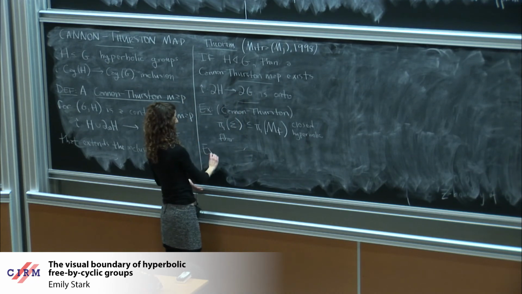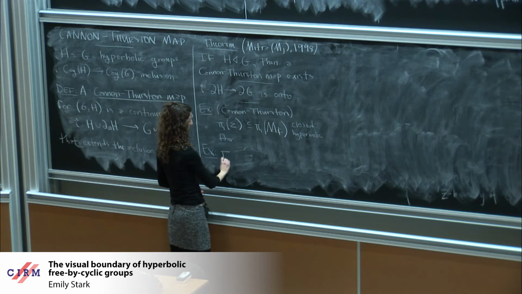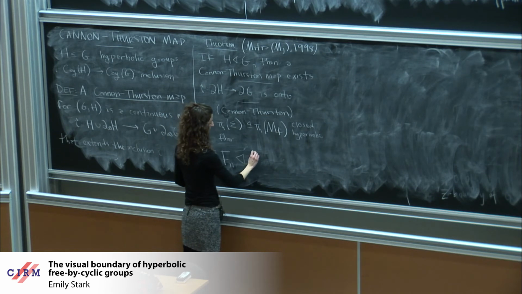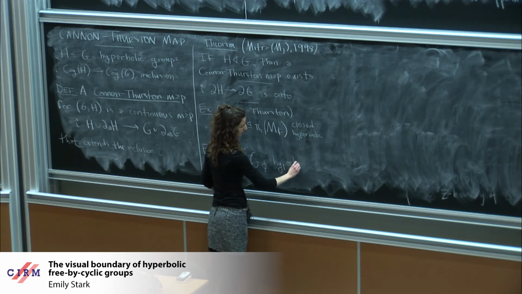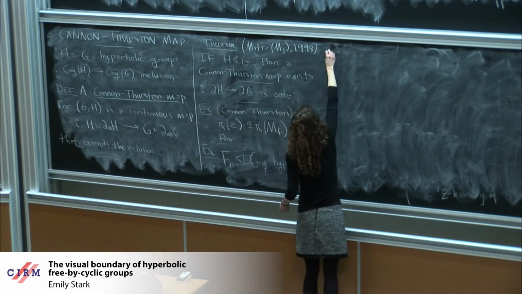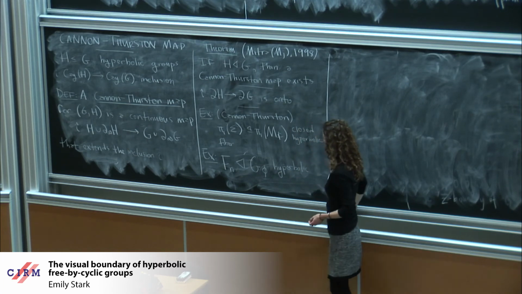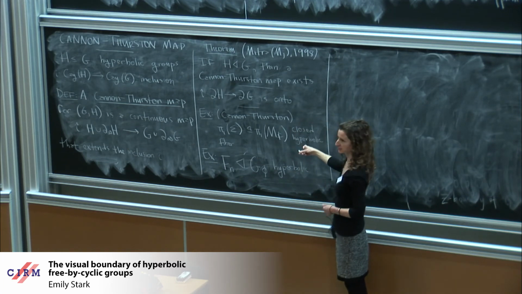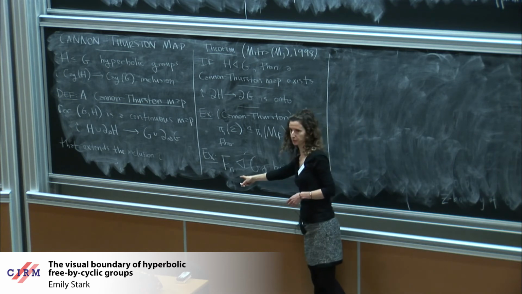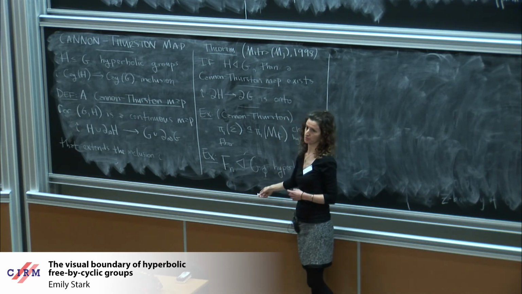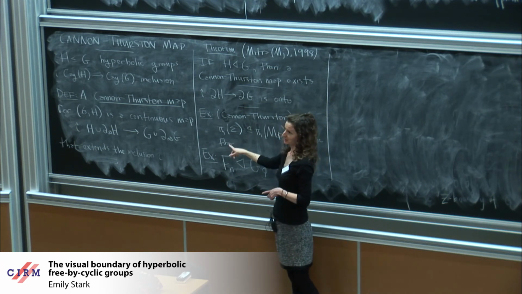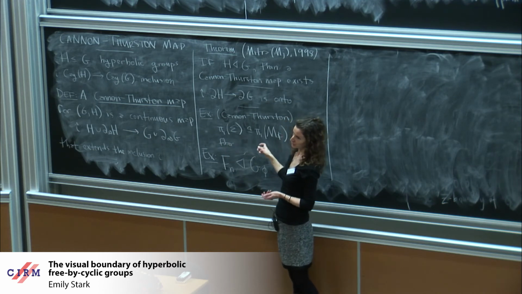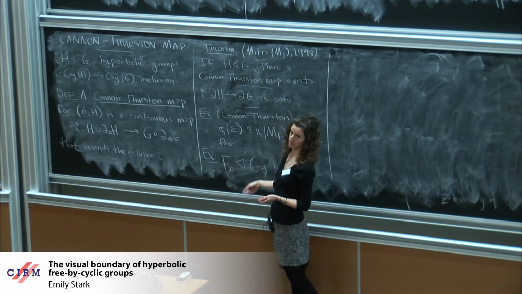And the second relevant example is that a Cannon-Thurston map exists for the free subgroup inside of a hyperbolic free-by-cyclic group. Cannon and Thurston proved that this map is finite to 1, and Kapovich and Lustig proved that the Cannon-Thurston map in this setting is also finite to 1. So these give naturally occurring examples of a finite to 1 continuous map from the circle onto the two-sphere and from the Cantor set onto the Menger curve.